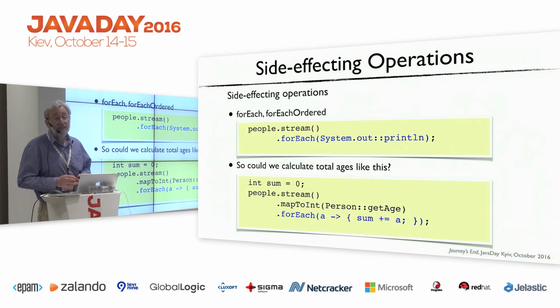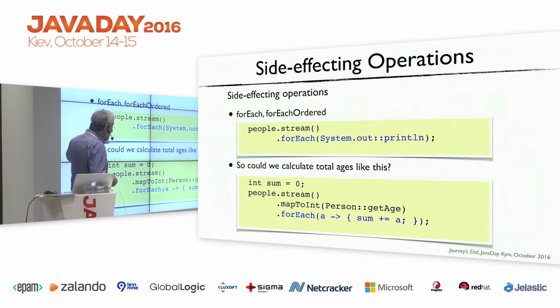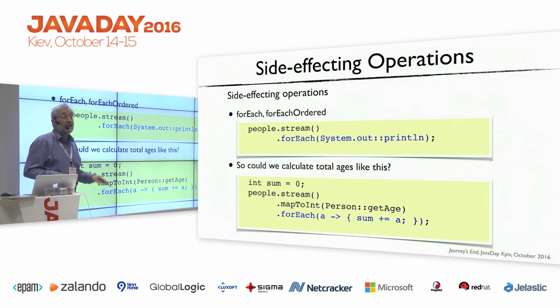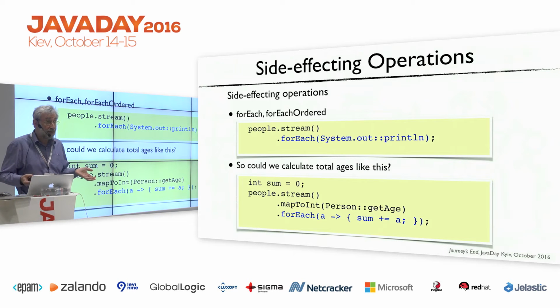But there's a bigger reason even than that for not doing this. And that reason is that the style of it is bad, and we're trying to get away from iteration, basically.